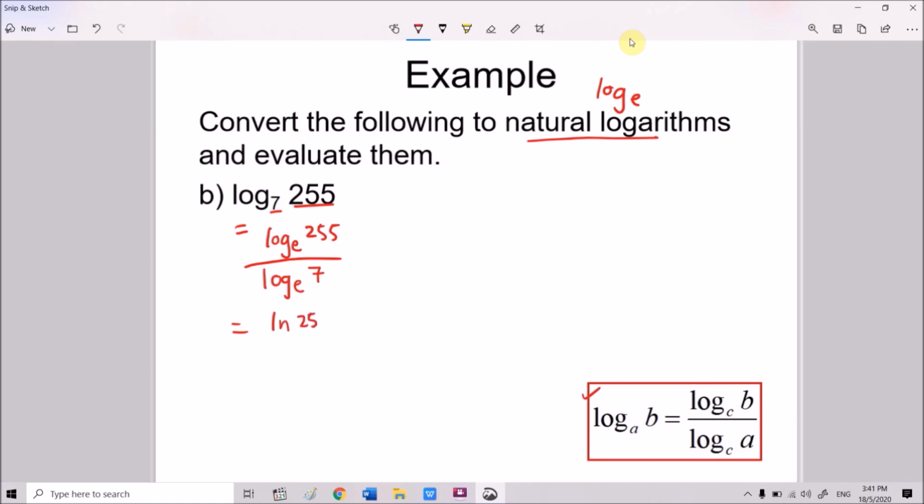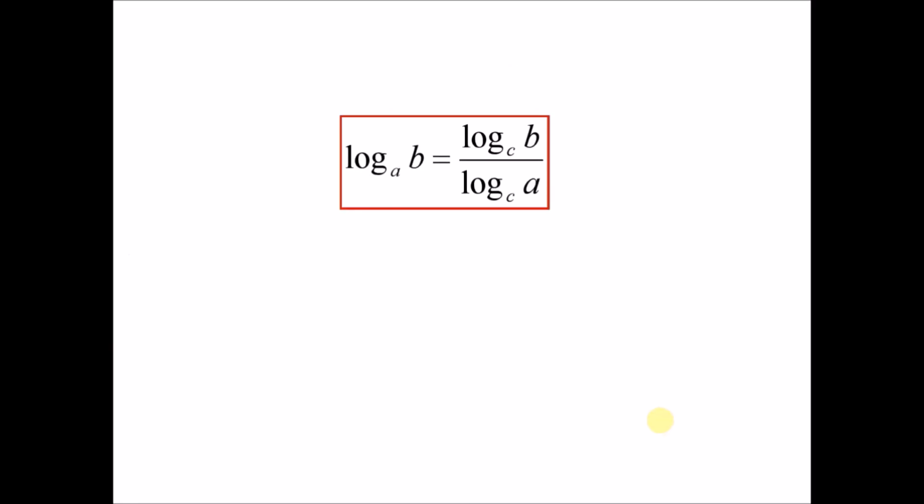So you can rewrite this as ln of 255 over ln of 7, and then use your calculator, you get 2.8477.